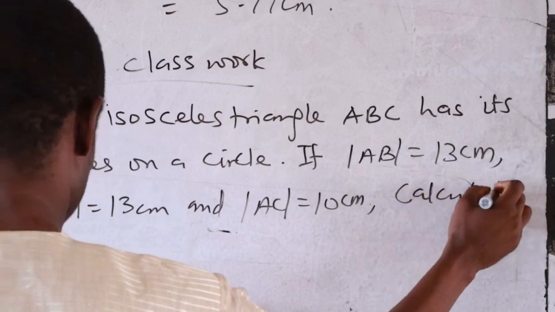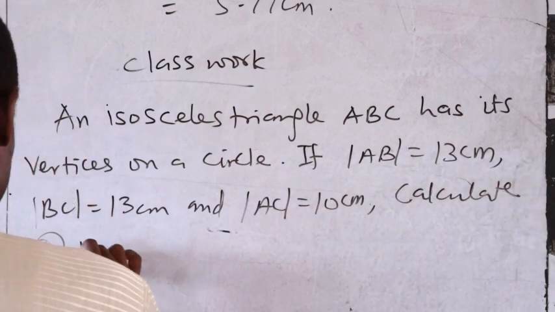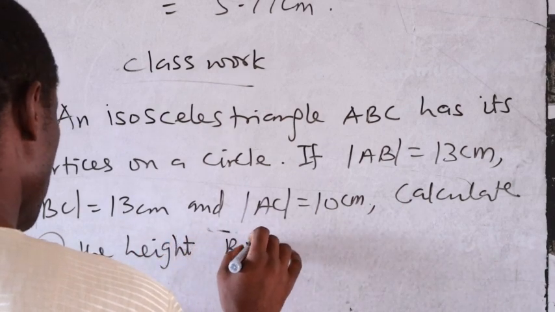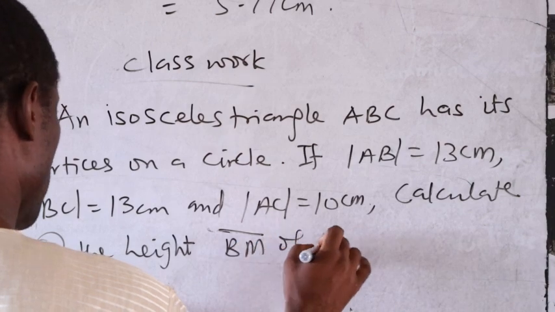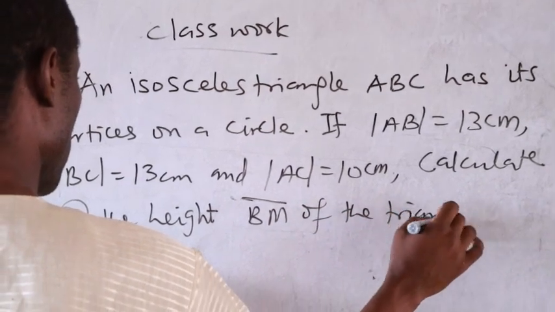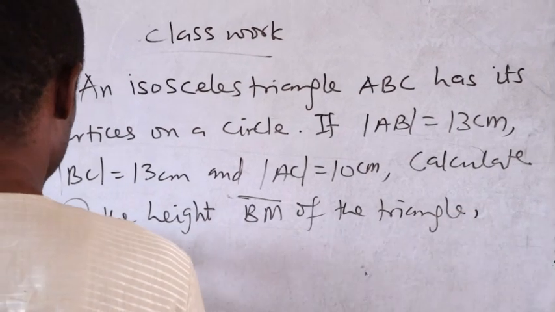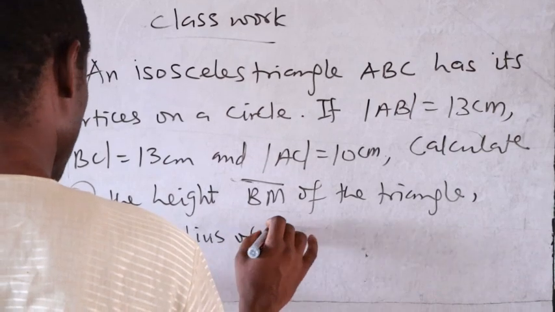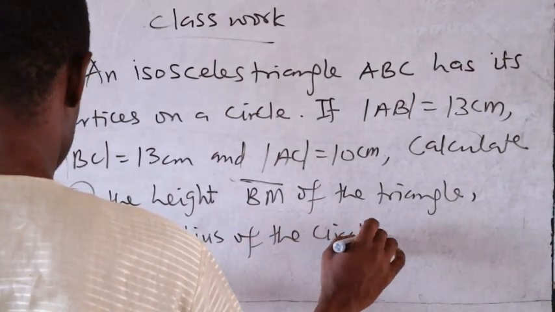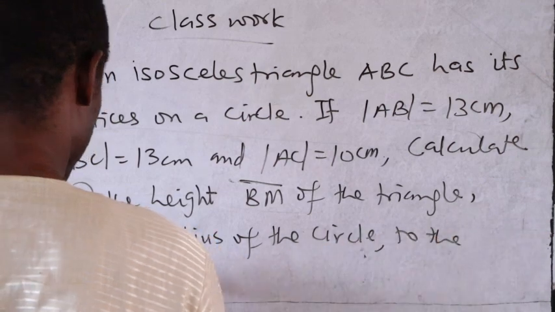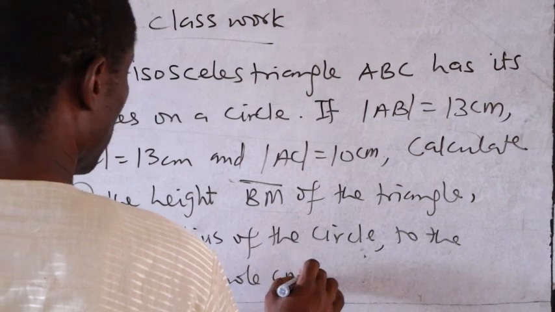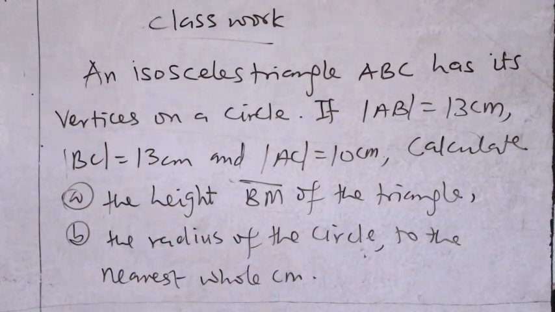Calculate A, the height BM of the triangle. B, the radius of the circle, to the nearest whole centimeter. Now this is the question, but you cannot see that I have changed the question to isosceles triangle.